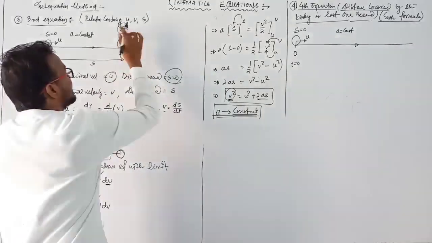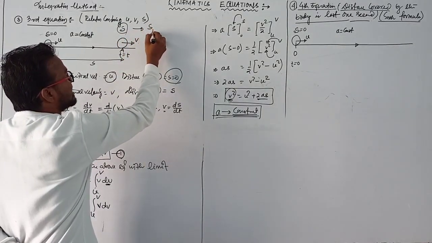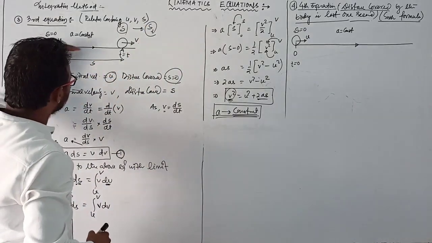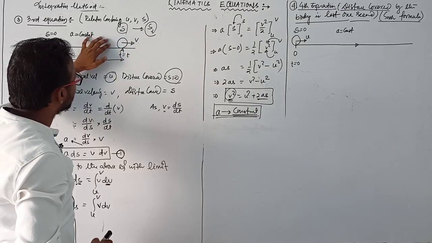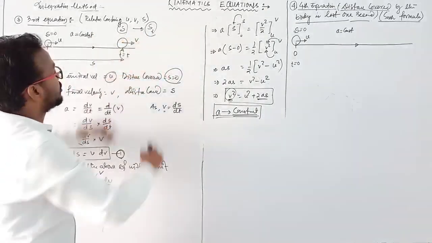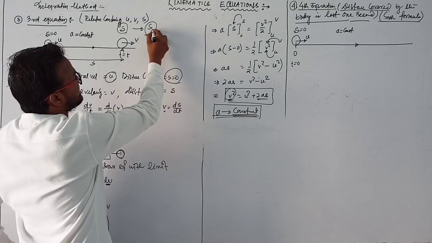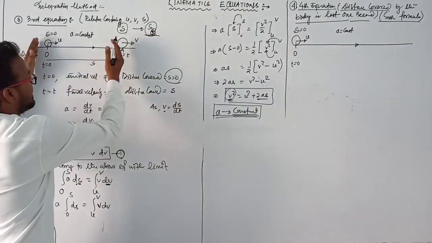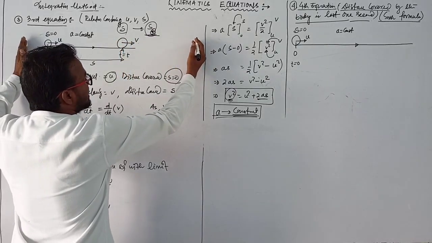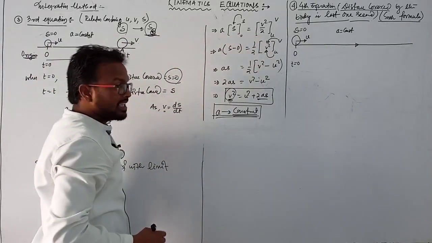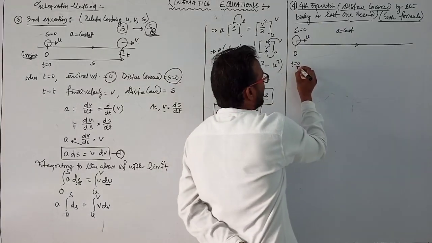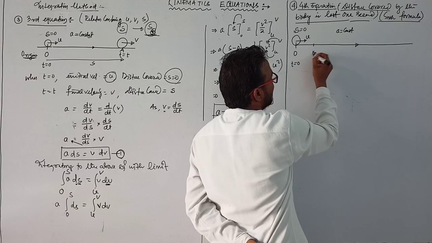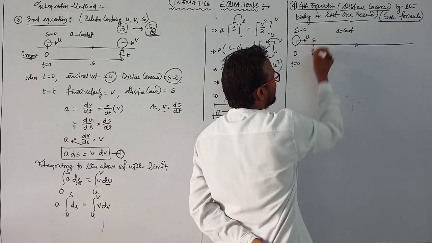Clear? And this distance we can write as s into t. The particle which is moving in a straight line path with constant acceleration, after time t, covers a distance st. t means t seconds. Suppose 1 second, this distance; 2 seconds, this distance; 3 seconds, like this. Similarly, at t equal to 0 the displacement is 0. After t equal to 1 second, it covers this distance, suppose s1.